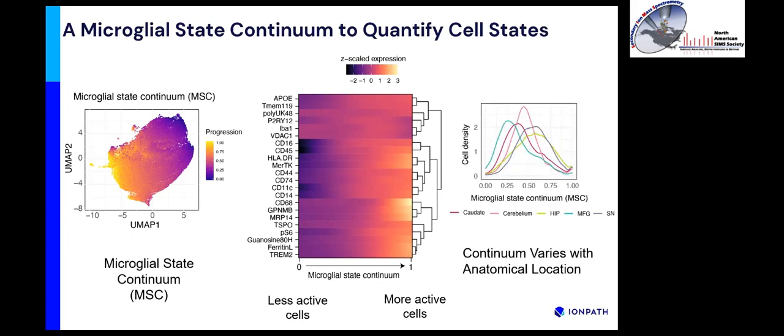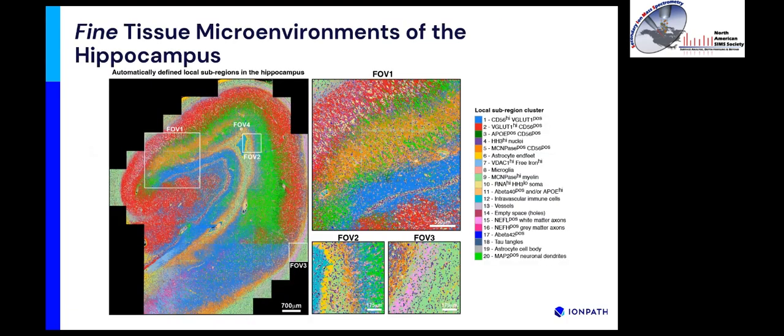In addition, that continuum of activity varies across the different subregions of the tissue, those that were segmented earlier. We can see that the microglial state continuum varies based on where you are on the tissue as well. Here, the authors did pixel clustering to identify subregions of the hippocampus region itself.